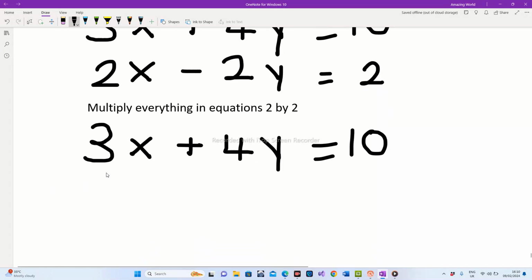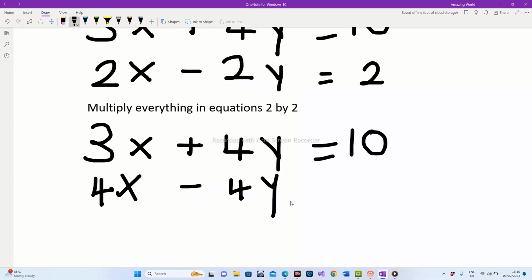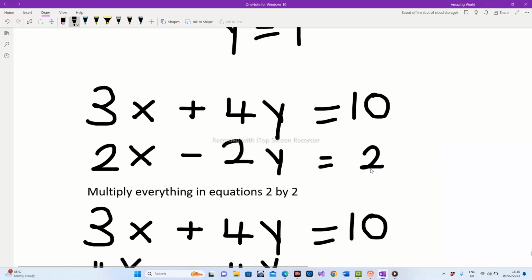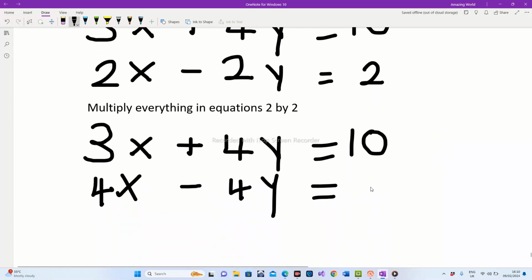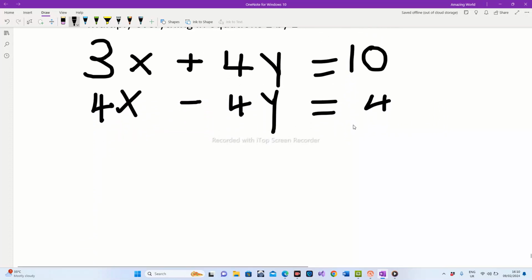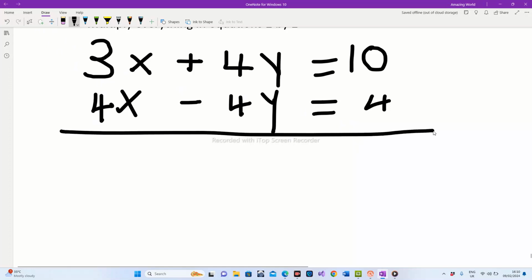So 2 times 2x will give us 4x, and 2 times 2y, remember the sign negative, so that will give us 4y, and then equals 2 times 2, that gives us 4. Okay, so remember how we have been doing everything else, so we will do the same here.